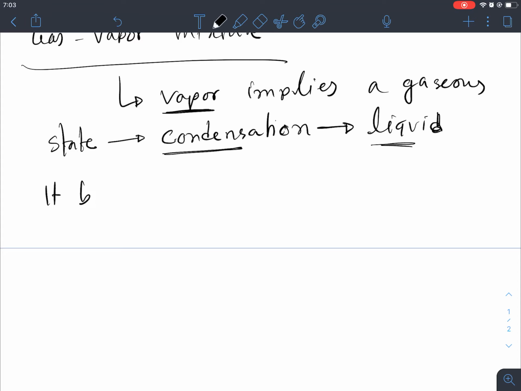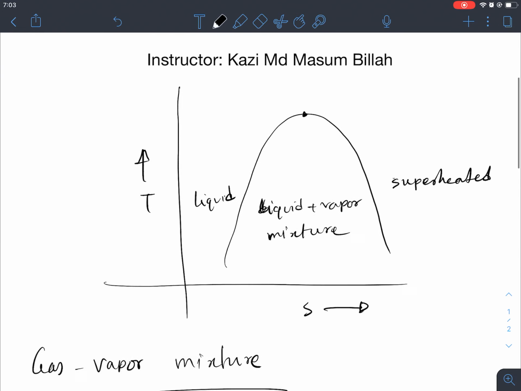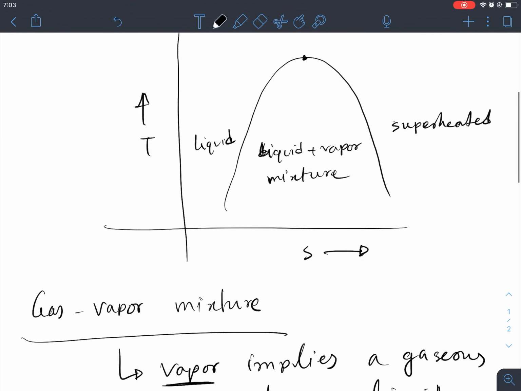So then it becomes a two-phase mixture, right? Imagine right here, if we have for example this TS diagram, and this is our constant pressure line.